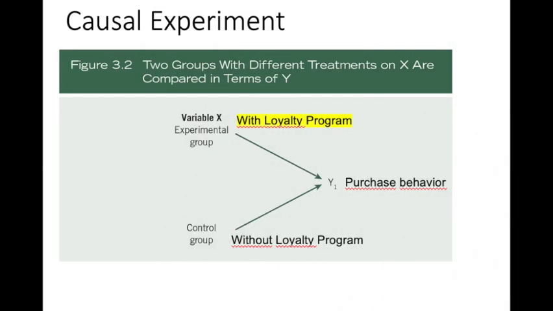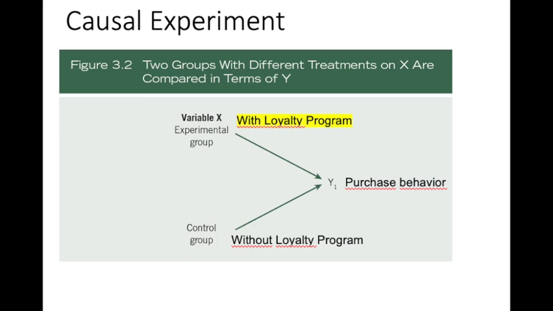Another method in quantitative research are causal experiments, where you have 2 groups with different treatments on X compared in terms of Y. For example, you can see here, variable X is the experimental group with a loyalty program, and the control group is without a loyalty program.